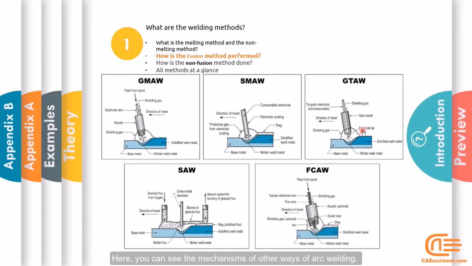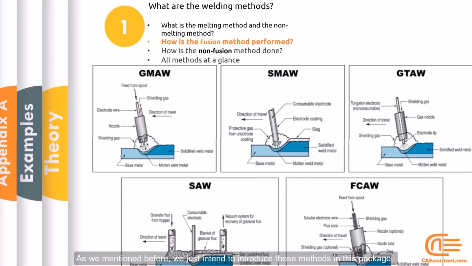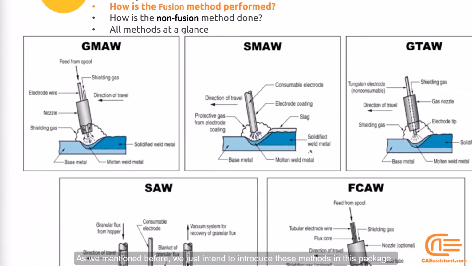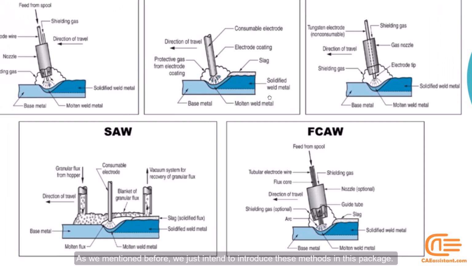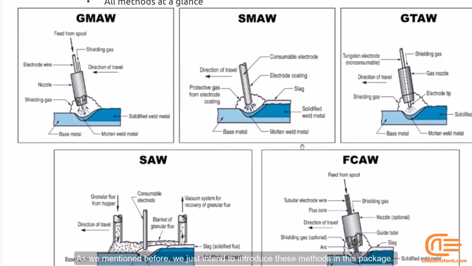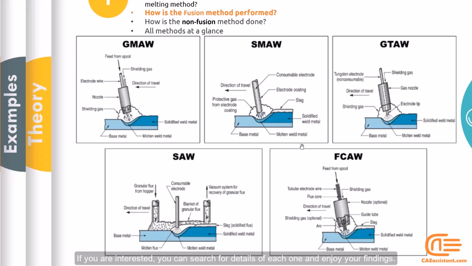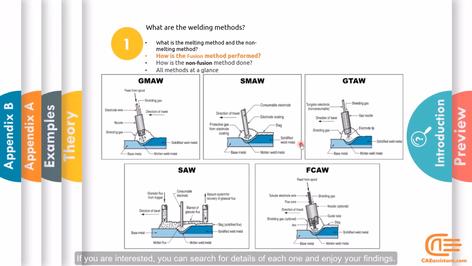Here you can see the mechanism of other ways of arc welding. As we mentioned before, we just intend to introduce these methods in this package. If you are interested, you can search for details of each one and enjoy your findings.